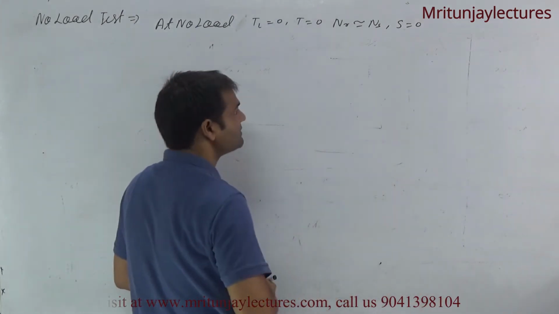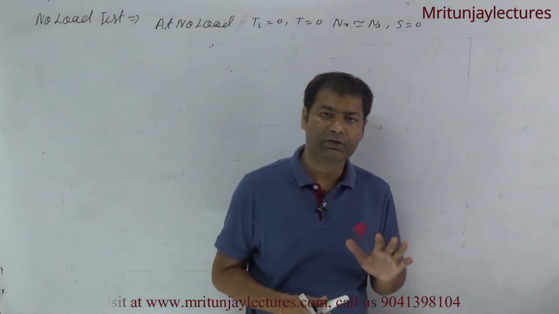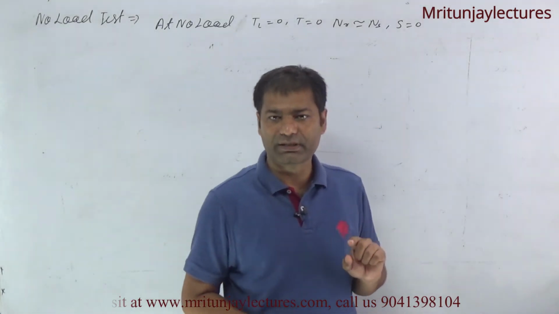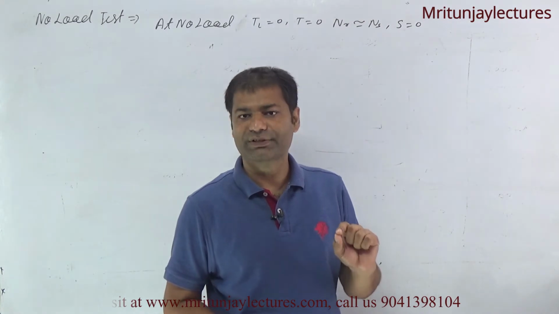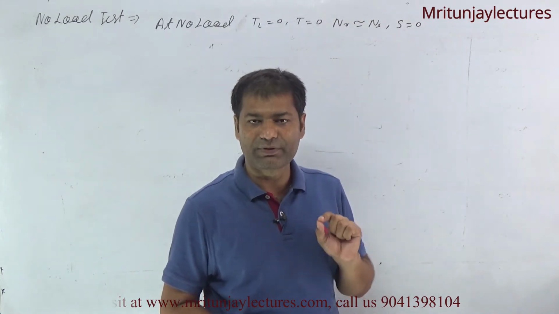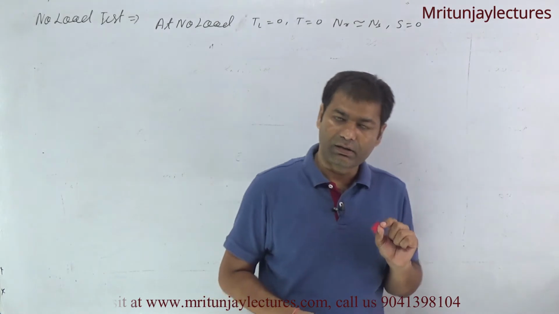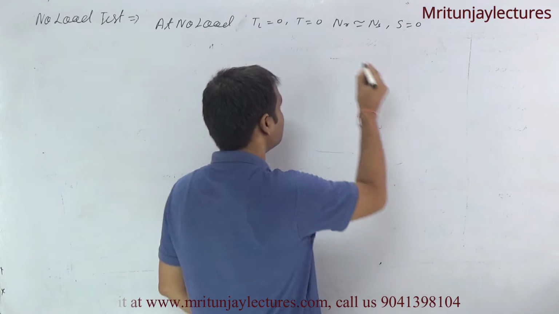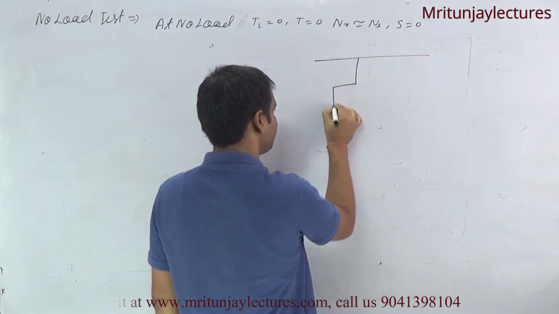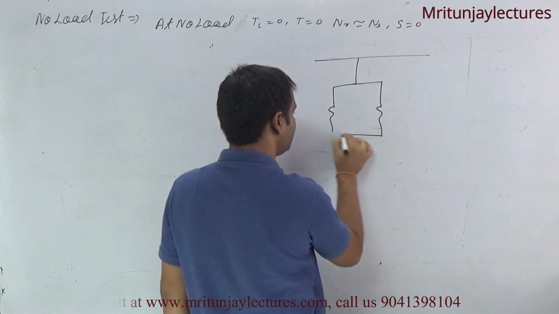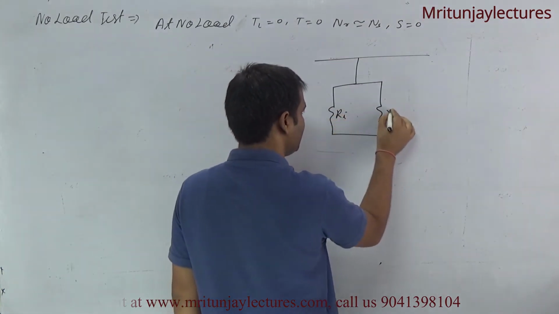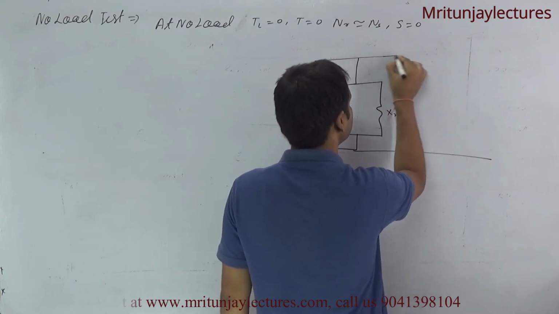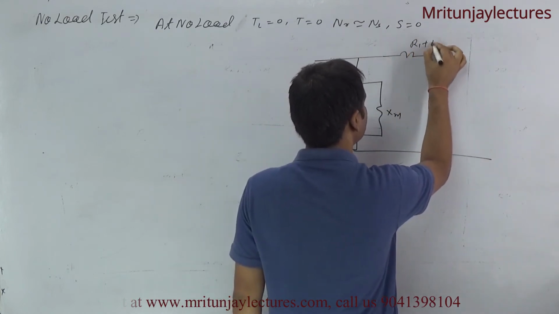In this condition, the equivalent circuit, first of all, refer to stator side, the approximate equivalent circuit of induction motor, per phase equivalent circuit of the motor referred to stator side, make like this one. This one is the core loss component Ri, that is the magnetizing component Xm, and this one is R1 plus R2 dash.